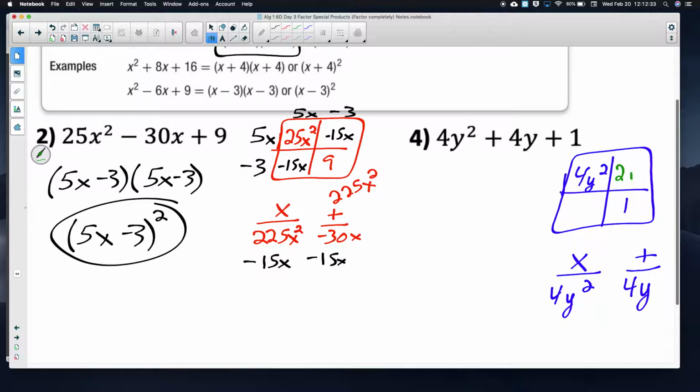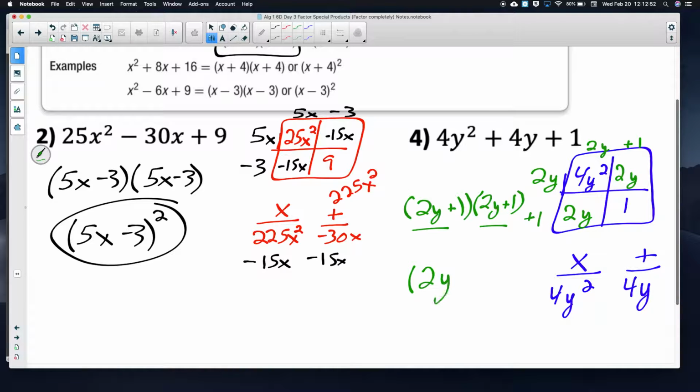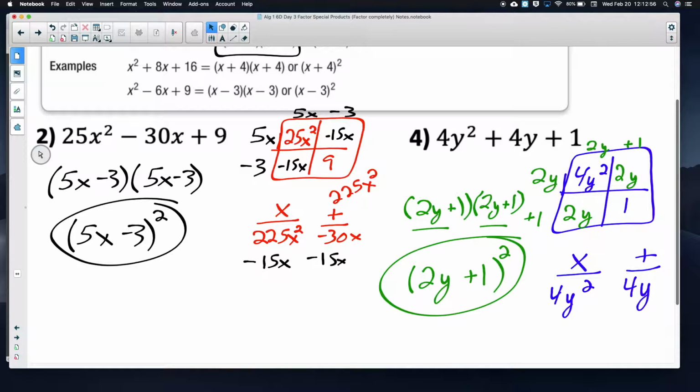Well, that's going to be 2y and 2y. So now when I factor out the GCF on the rows and the columns, I'm going to get 2y plus 1 times 2y plus 1. Well, those are the same things, so that's going to be 2y plus 1 squared. Continue practicing that box. Continue using it.